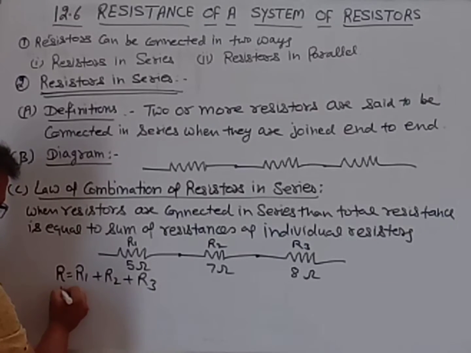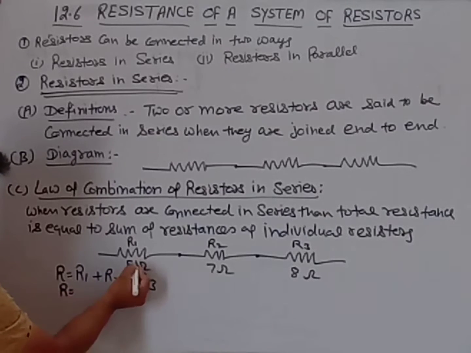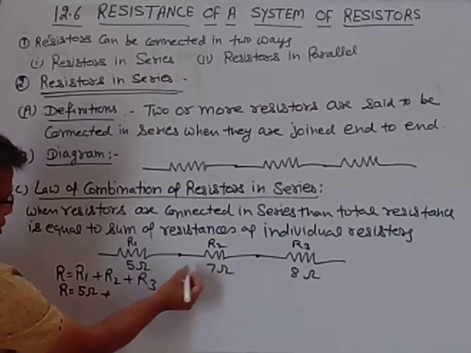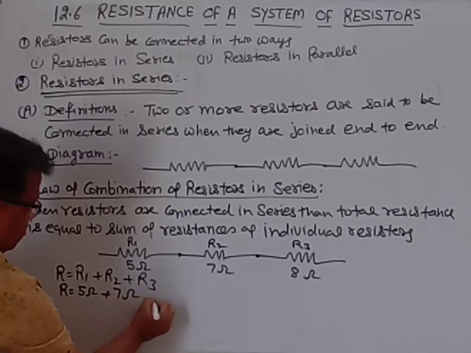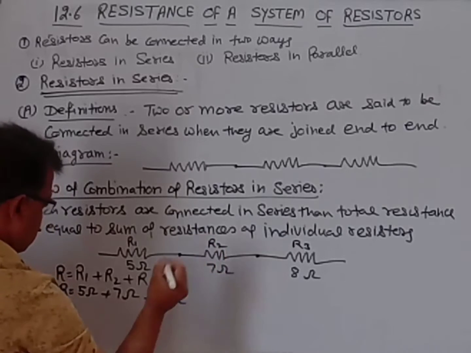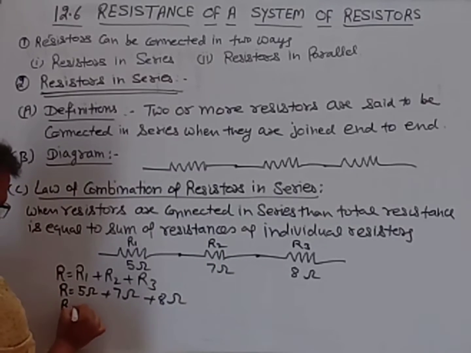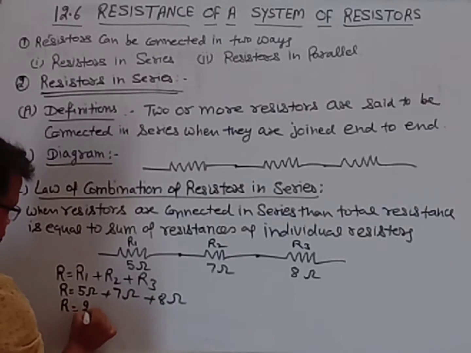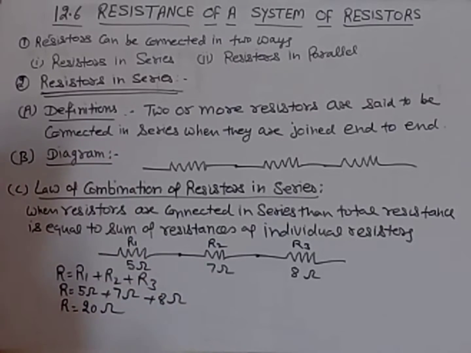So R is equal to the value of R1, 5 ohm, plus the value of R2, 7 ohm, plus the value of R3, 8 ohm. So R is equal to 5 and 7, 12, and 8, 20 ohm.